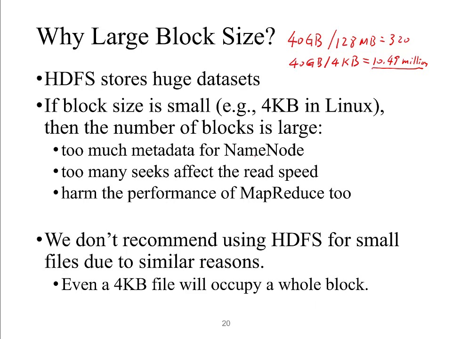So 10 million blocks would generate a large amount of metadata, too much for the name node. Another problem is that too many blocks bring too many seeks that affect the read speed.